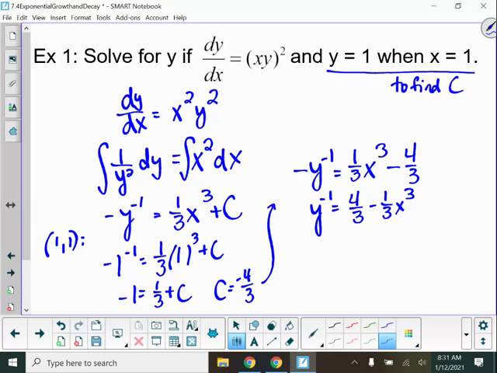This entire thing, because in order to get rid of this y to the negative 1, because this is really the same thing as 1 over y, so eventually I'm going to have to do a reciprocal. I can rewrite this as a solitary fraction. This is 4 minus x cubed over 3. So if y to the negative 1 is equal to that, y is equal to 3 over 4 minus x cubed.